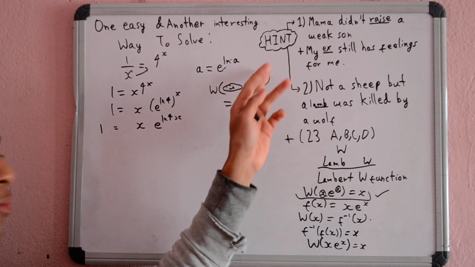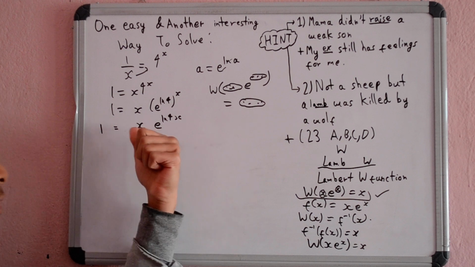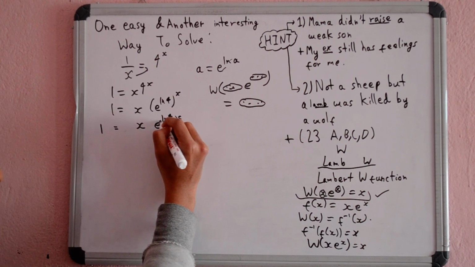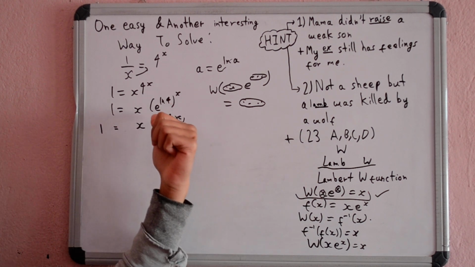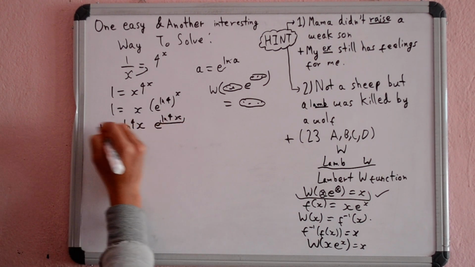These three are the same potato. But right here we just have a small part of the potato, a missing part of the potato. We can see we have ln 4 times x, but in front we only have x. So we are just missing ln 4. Let's just multiply it on both sides.